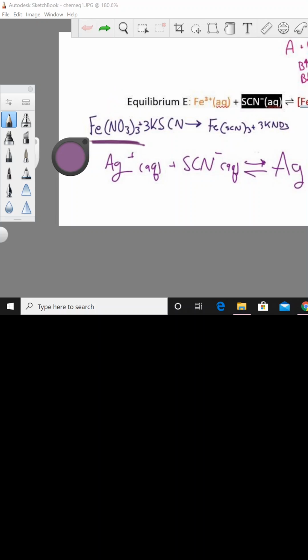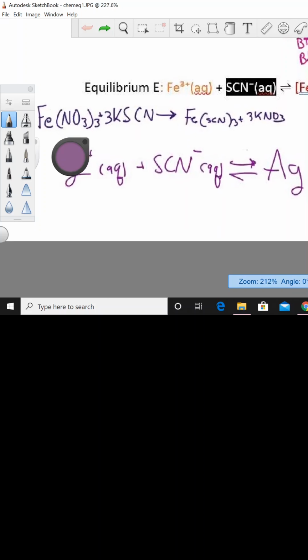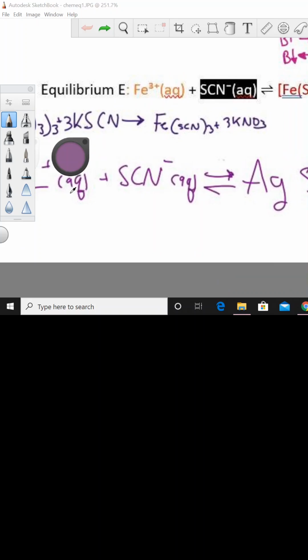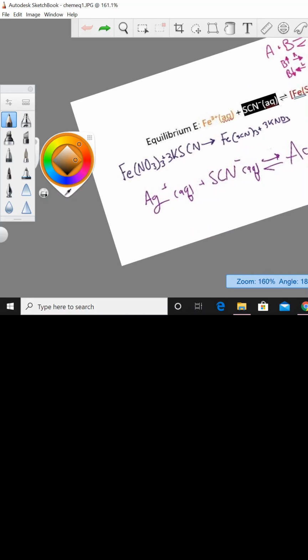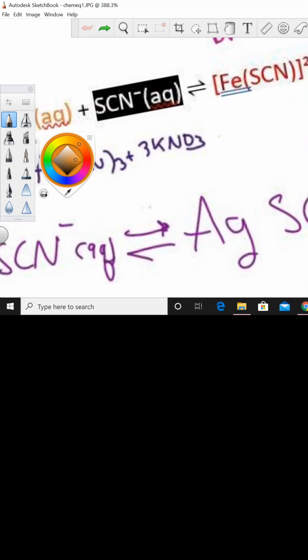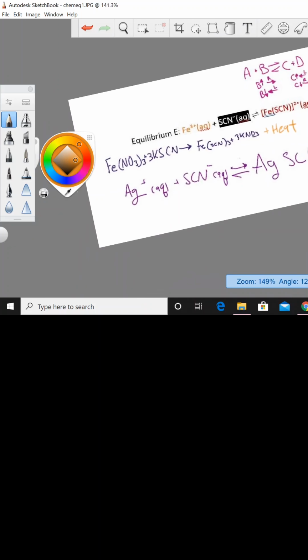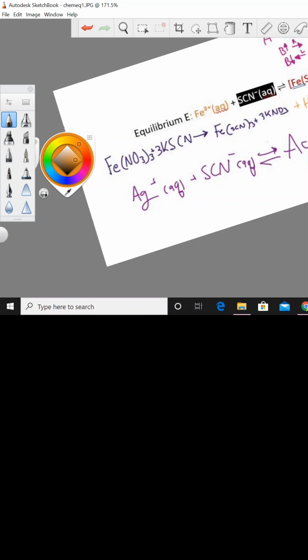So with the inclusion of heat, actually the opposite happened, and it sort of got lighter. So if you remember our Fe3 ions being sort of yellowish here, when we added the heat, we can sort of assume that that's a reactant. That would have been a left shift.